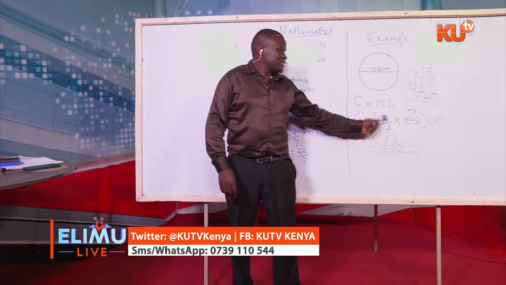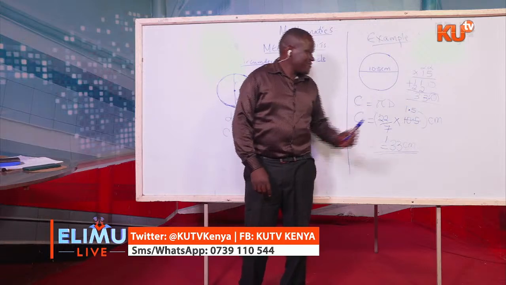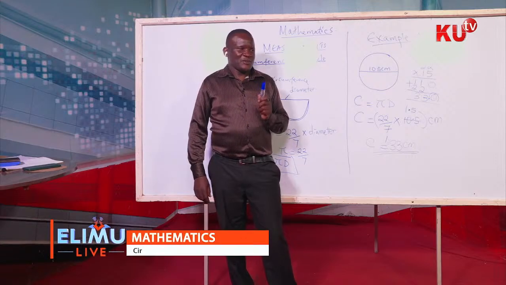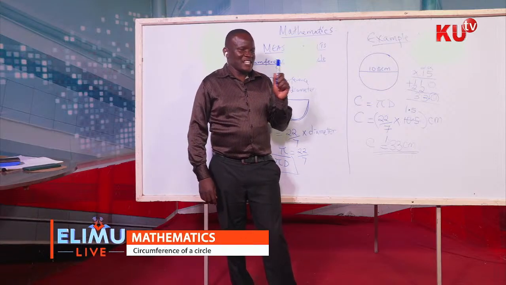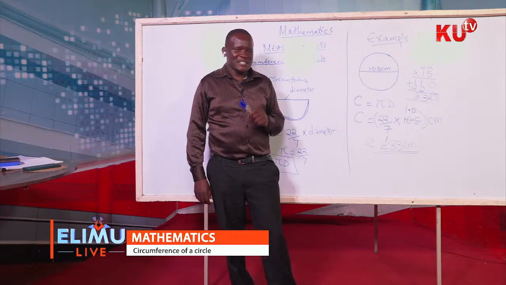So we have 22 multiplied by 1.5. When we are multiplying 22 by 1.5, we shall assume the decimal point and introduce it later.